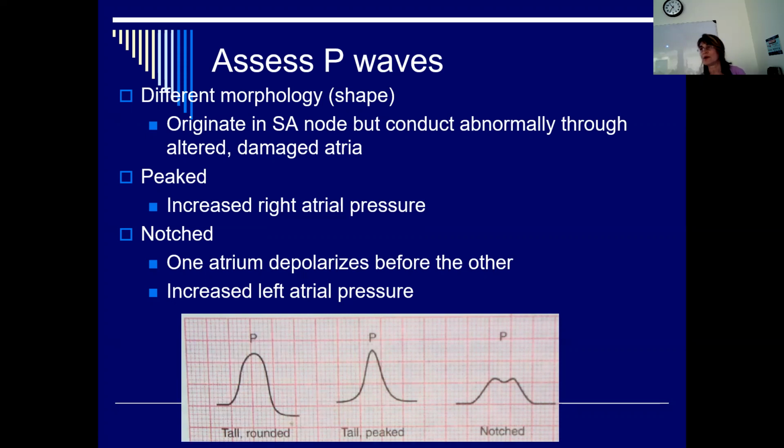So if somebody has right heart failure and there's high pressure or hypervolemia, they're going to have high pressures in the right atrium. That's going to make their P waves look peaked. Then if you see a notch on the P wave, it tells you that the right atrium and the left atrium are not depolarizing together. They're depolarizing a little bit separate from each other.